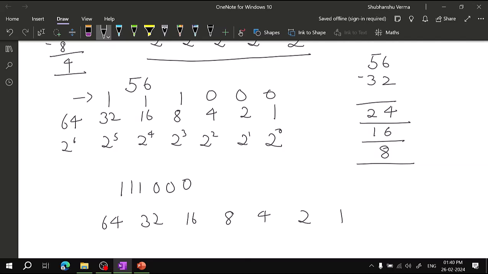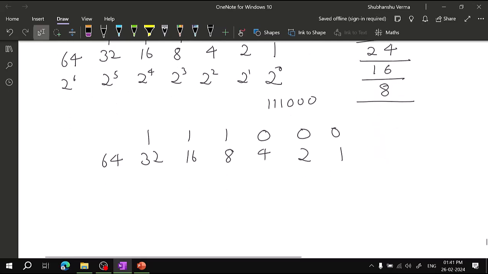Now we check these numbers, define them like this, and add the numbers where we get the value 1. So 32 plus 16 plus 8 equals 56. In that way, we can understand how the binary number system is helpful for us.